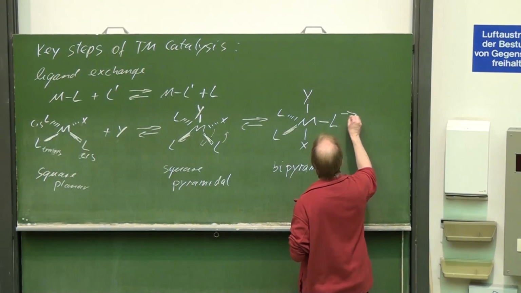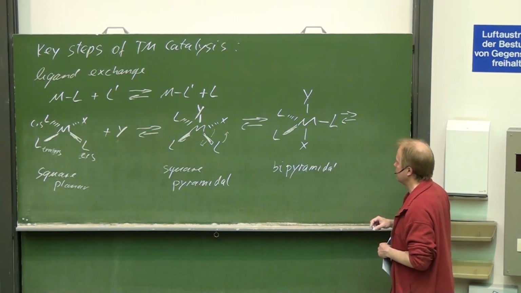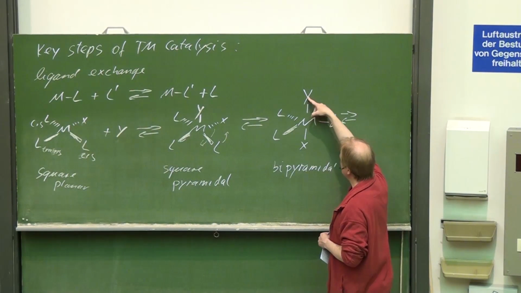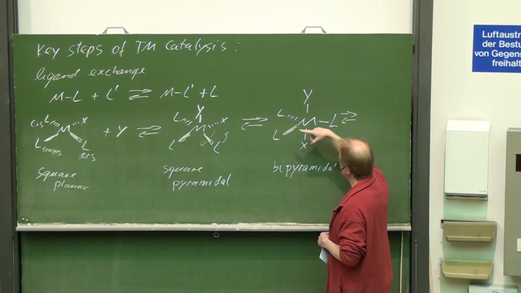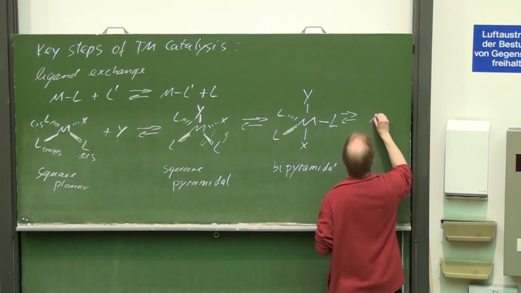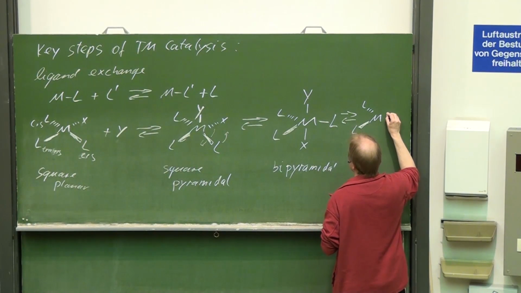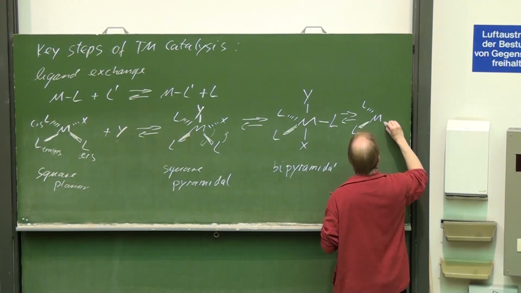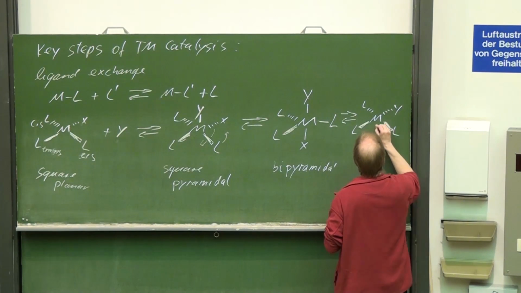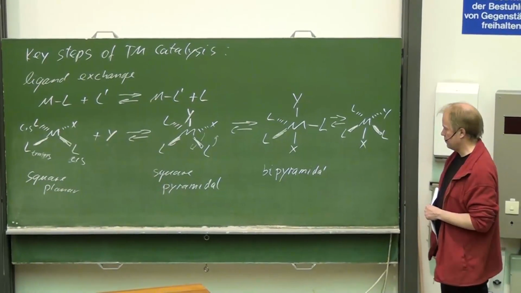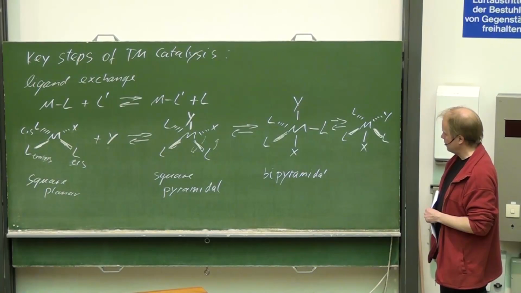Well, now you can imagine that again a change could take place, that this substituent moves into the plane of those three L ligands. Okay, then we are again in a square pyramidal geometry.